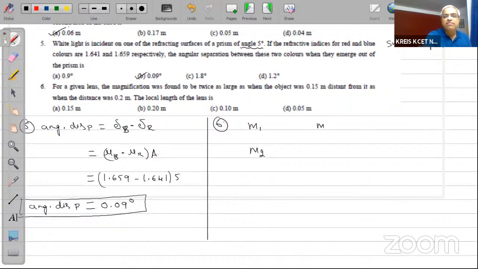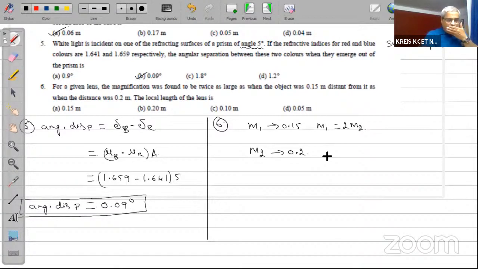It says M1 is 2 times M2. Okay, that is what is given. ಅಂದ್ರೆ M1 ಗೆ 0.15 is the object distance, M2 ಗೆ 0.2 was the object distance.